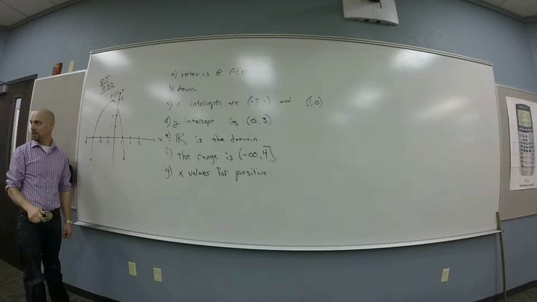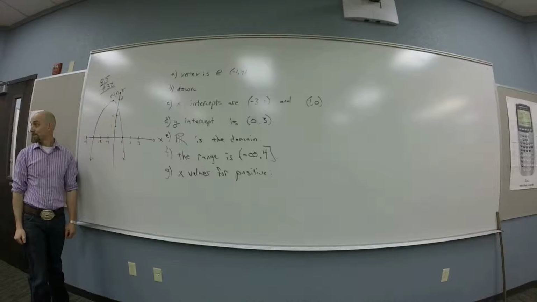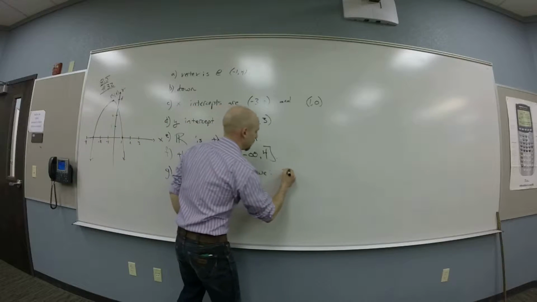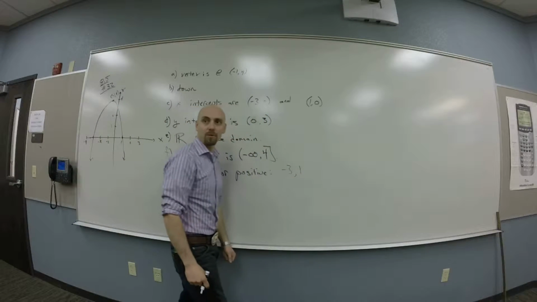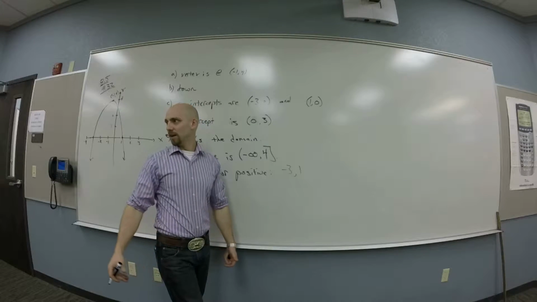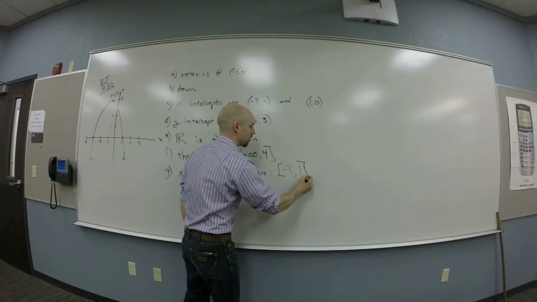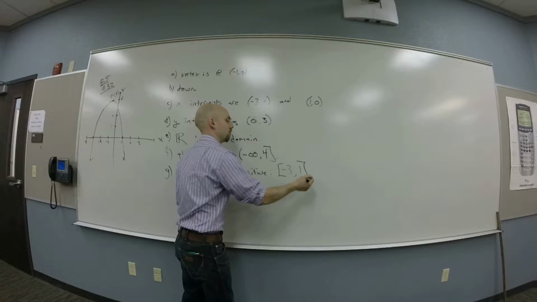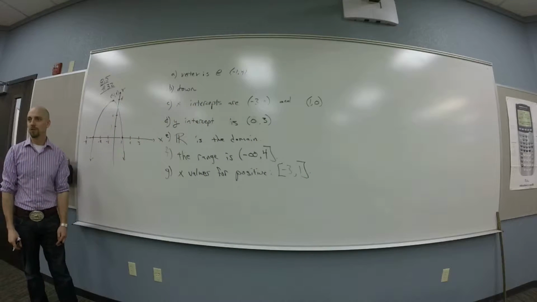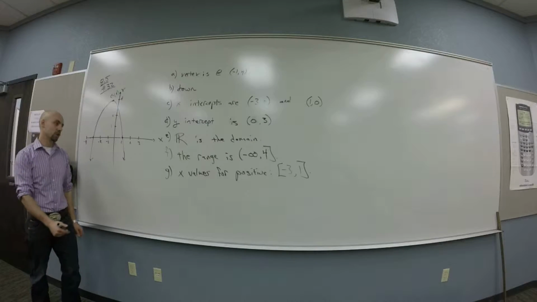Okay, so if that's like that stuff, what are the x's? -3 to 1, and then the brackets depend on whether you think 0 is positive, negative, or neither. Okay. I'm going to call 0 positive today. I think your book calls 0 neither positive nor negative, so they'll always use opens on these. Whatever. Pick a convention and go with it.